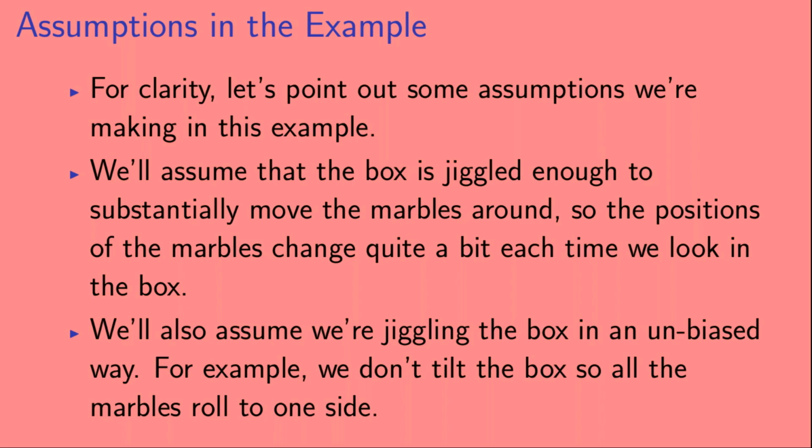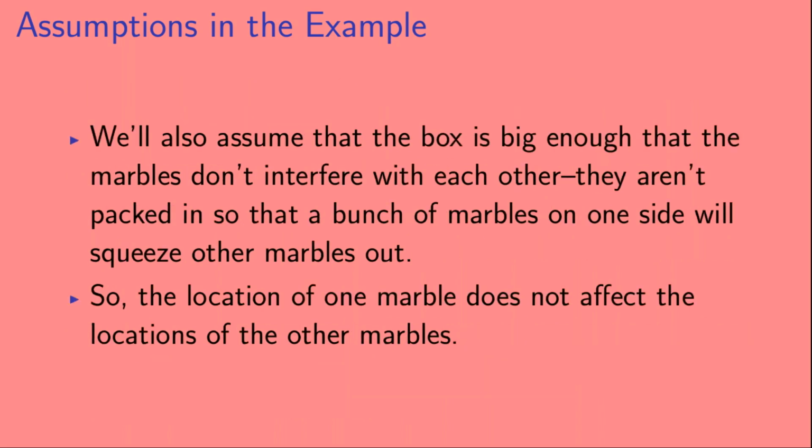For example, we don't tilt the box so all of the marbles roll to one side. We'll also assume that the box is big enough that the marbles don't interfere with each other. They aren't packed in so that a bunch of marbles on one side will squeeze other marbles out. So the location of one marble does not affect the locations of the other marbles.